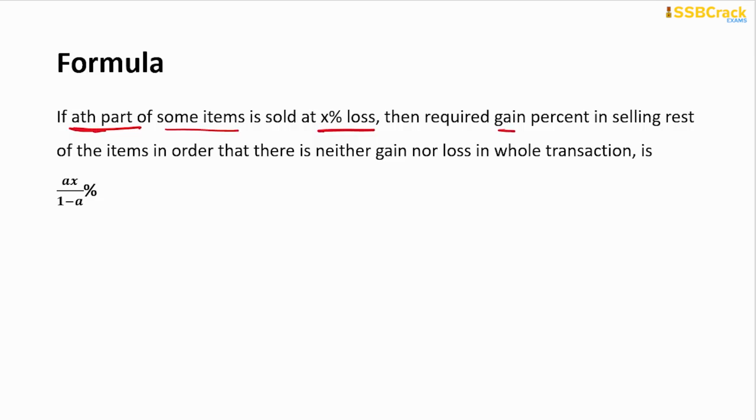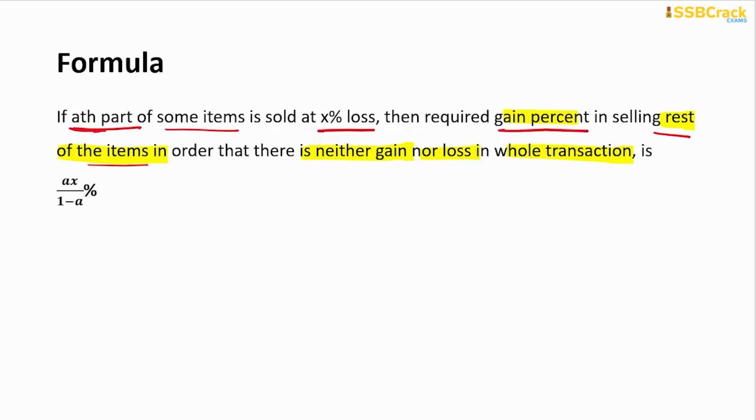Then the required gain percent in selling the rest of the atoms, understand this. We are talking about the selling of the rest of the atoms. So in that, whatever the required gain percent is, we will calculate. But provided that there is neither gain nor loss in the whole transaction.